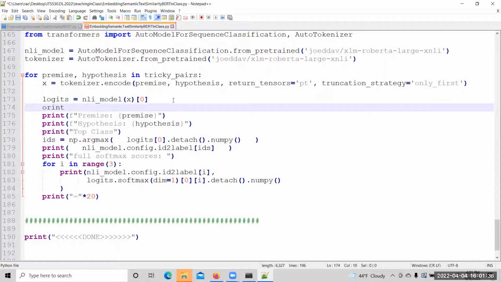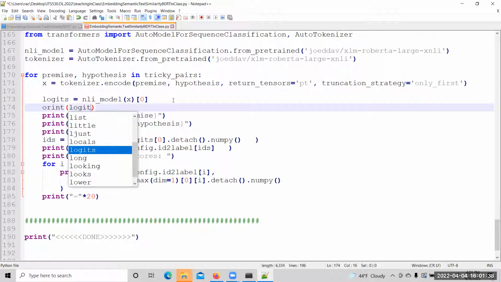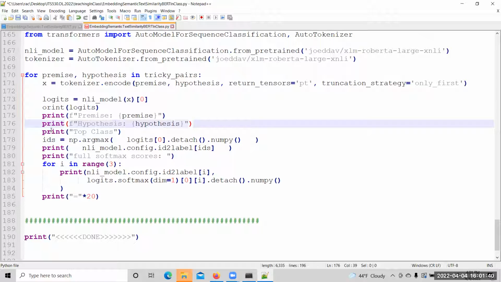Print logits here. We also print the premise before tokenization, and the hypothesis, just so that we can see them. And then we do a NumPy argmax from the vector of 3, just so that we can select the IDs.